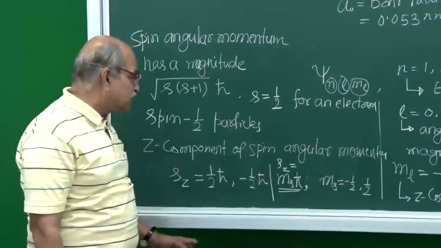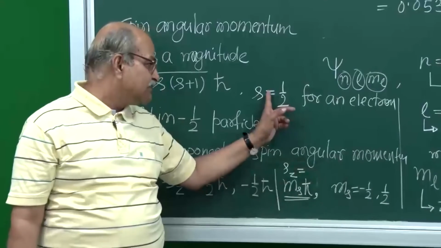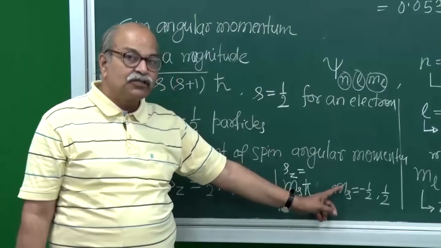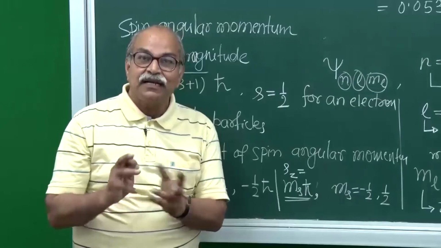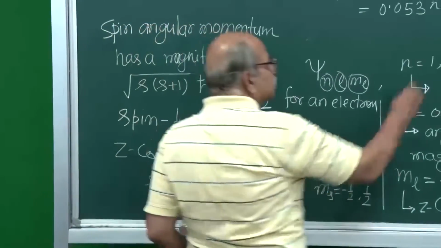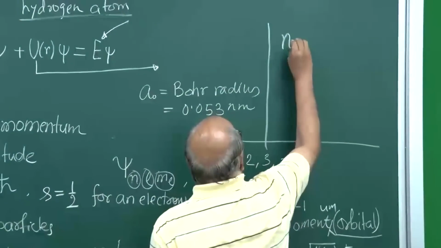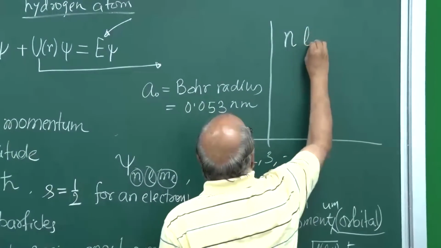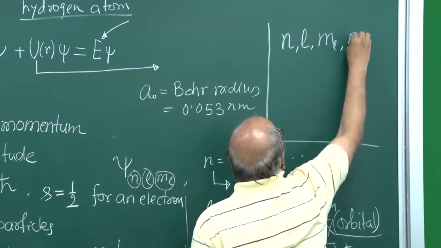And if you give this ms also, because S is anyway fixed, then the behavior of the spin part is also fixed. So if I give all 4 of them, if I tell what is N, if I say what is L, if I say what is ML, and if I say what is MS.